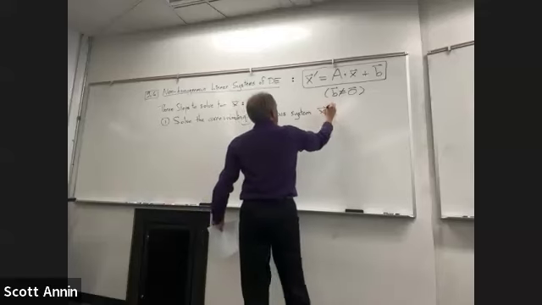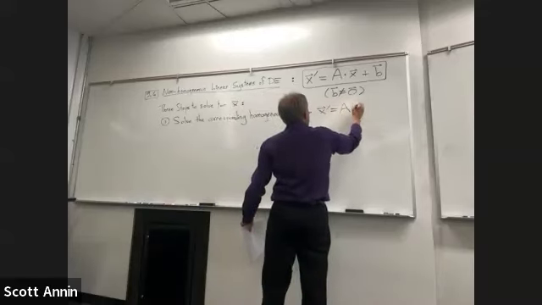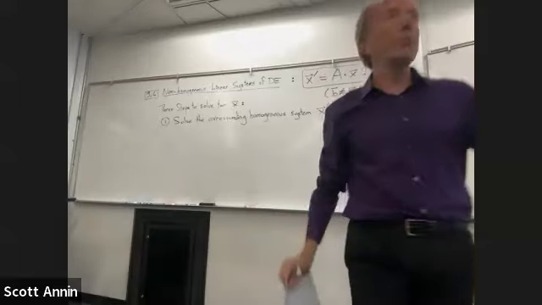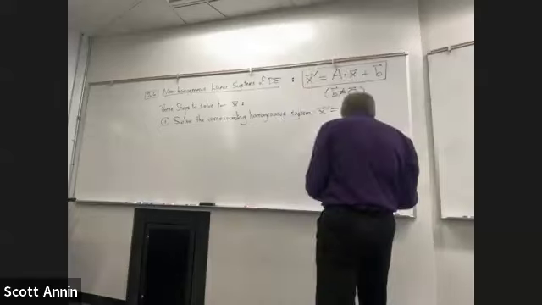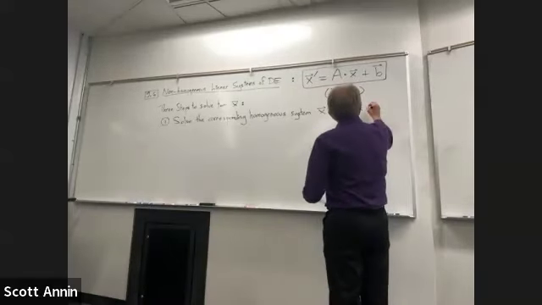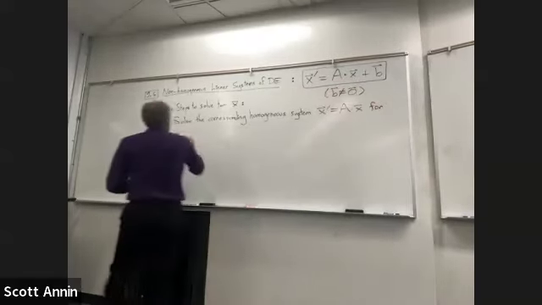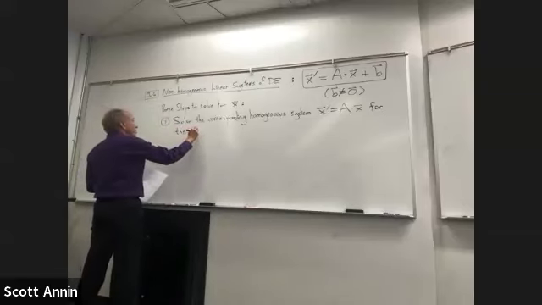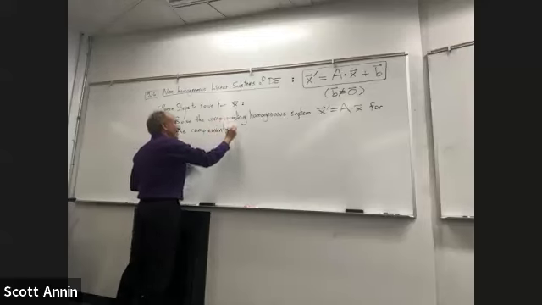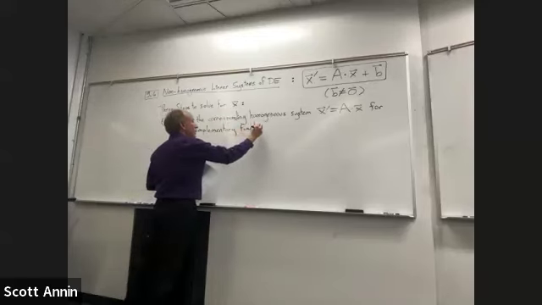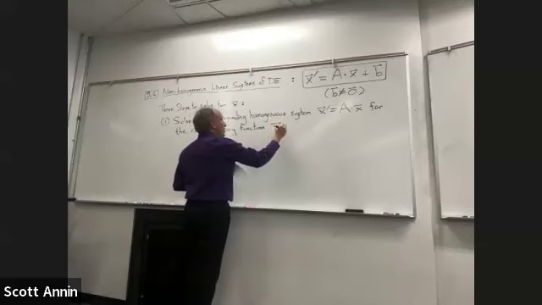This is going to be x prime equals A times x. So in other words, in the first step, we're just going to ignore the b that's on the right-hand side for what is called the complementary function. So that's a word that we've also heard before. The complementary function is x sub c of t.